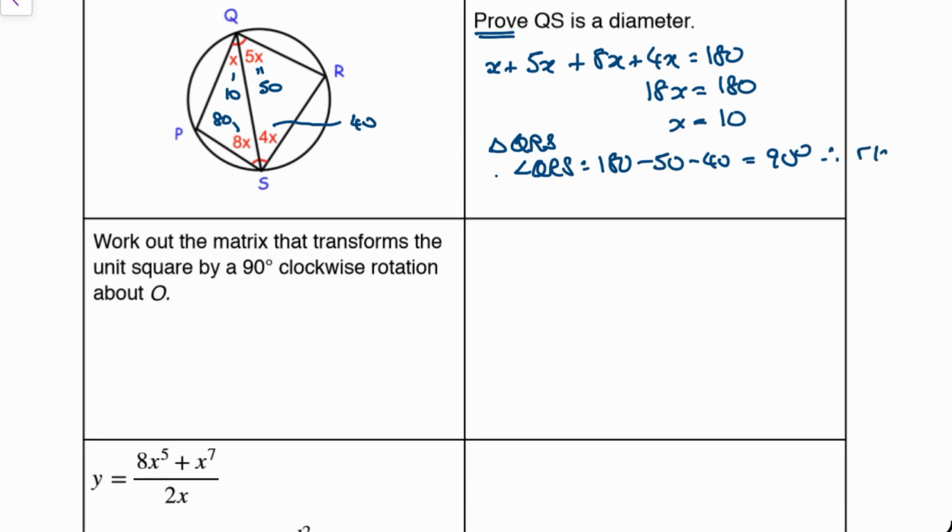So you would say right angle triangle, and then you would allude to the circle theorem, which tells you that because it's a right angle triangle, it must therefore be the case that QS is a diameter.